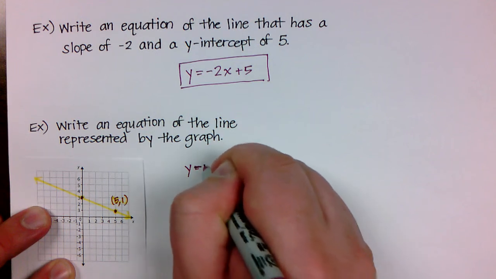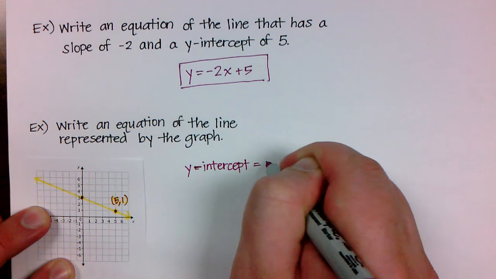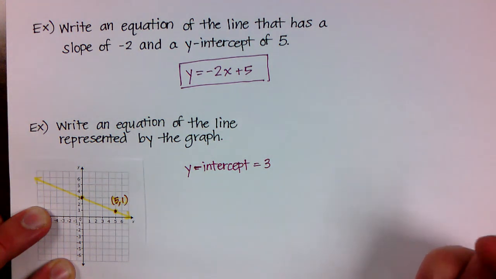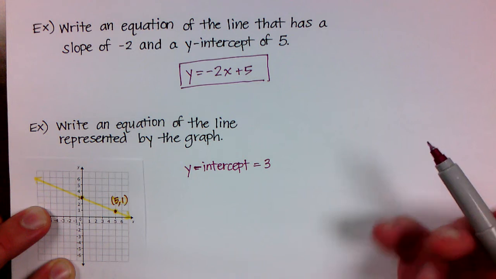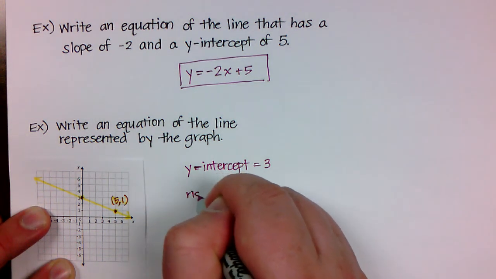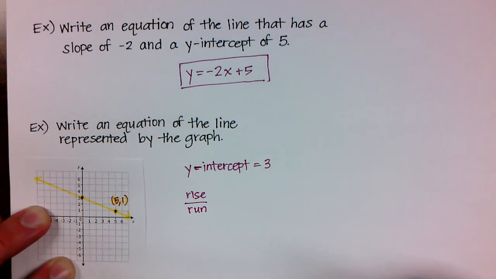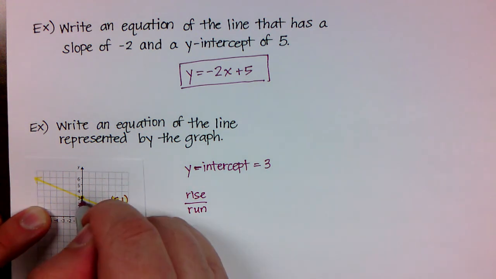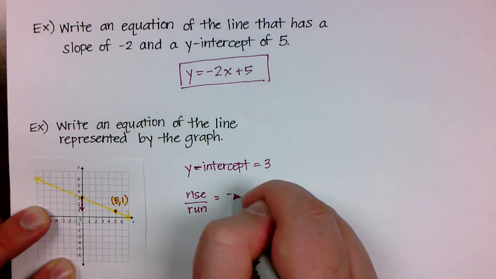So the y-intercept equals 3. And then just by looking, I can figure out what the slope is by finding out what the rise and the run would be just from one point to another. So looking here, I'm rising, actually I'm falling -2.